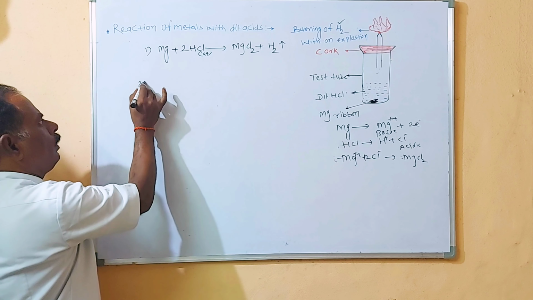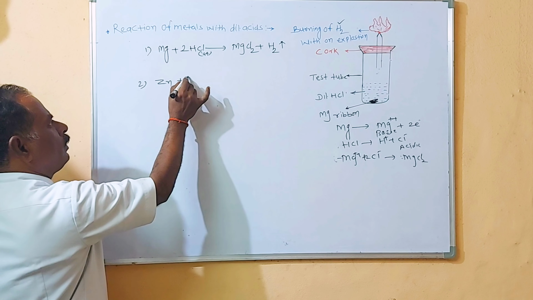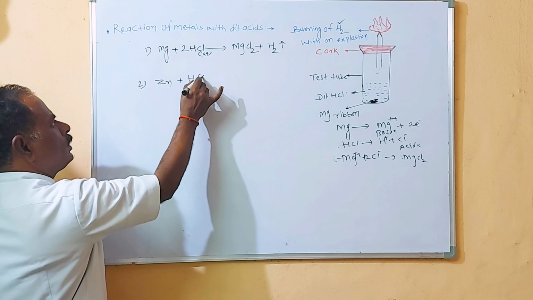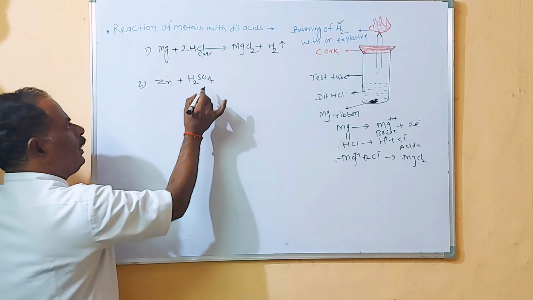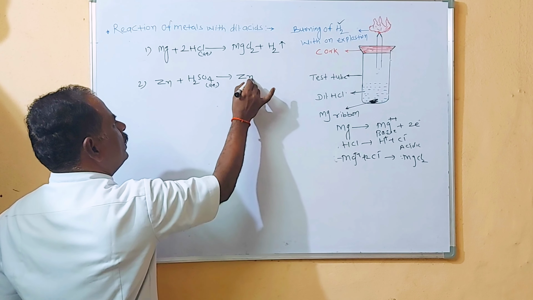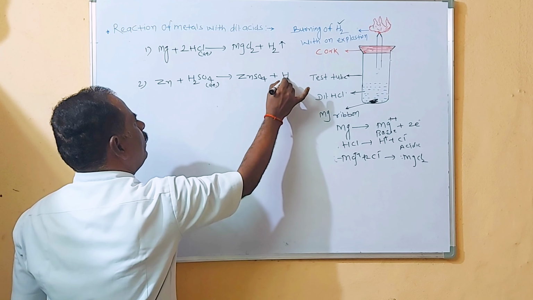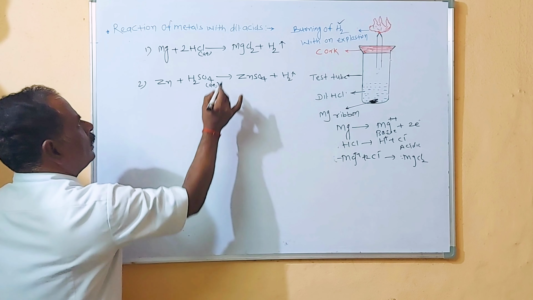Second example, if you take zinc metal and treat it with sulfuric acid, H2SO4, dilute aqueous, it forms ZnSO4, which means zinc sulfate, and liberates hydrogen gas.